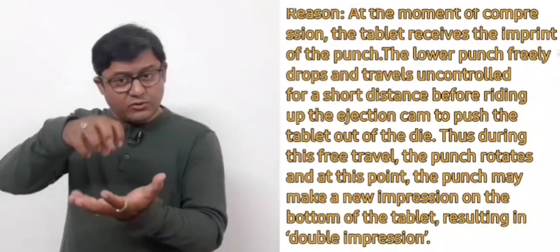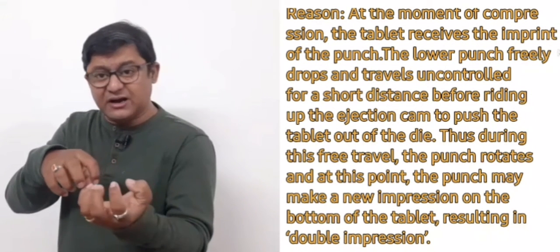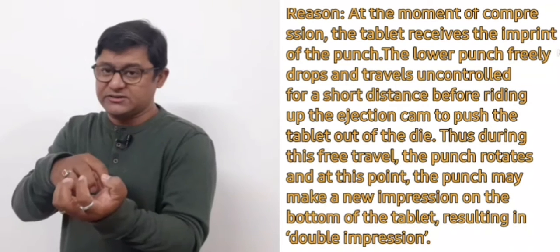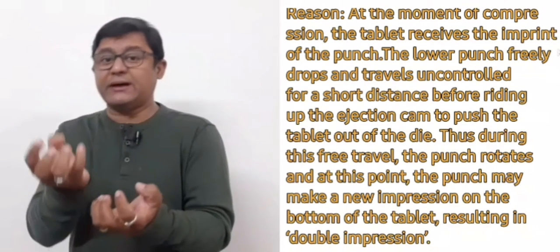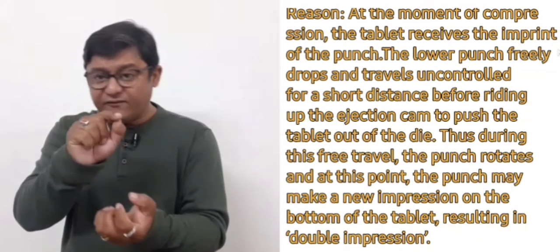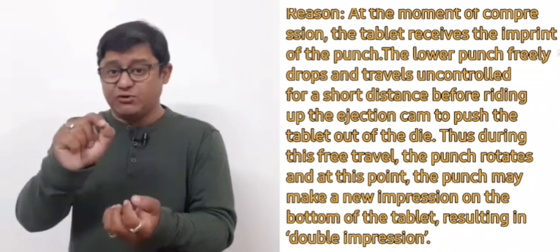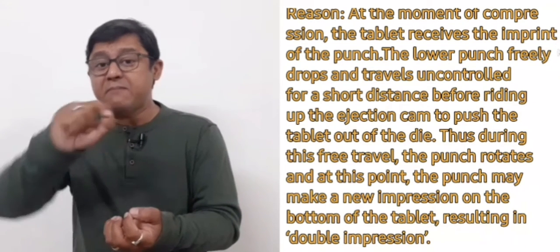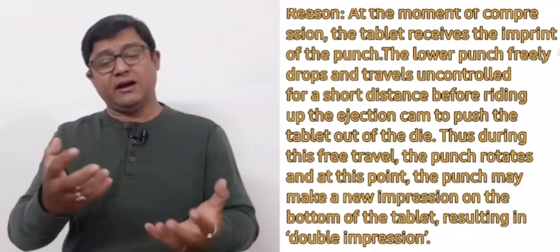Fine. Now, the lower punch freely drops and travels uncontrolled for a short distance before riding up the ejection cam to push the tablet out of the die. Thus, during this free travel, the punch rotates, and at this point the punch may make a new impression on the bottom of the tablet, resulting in a double impression.